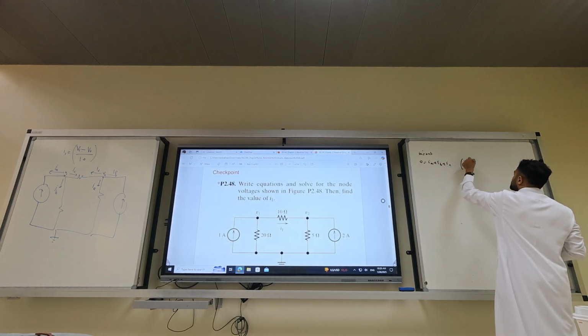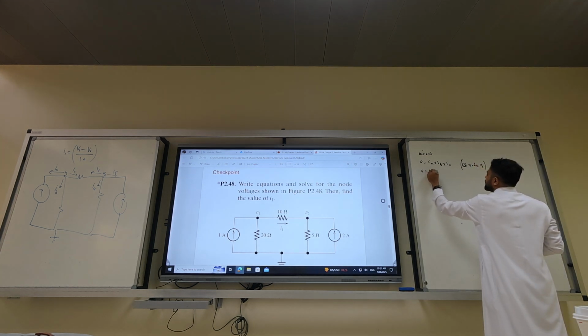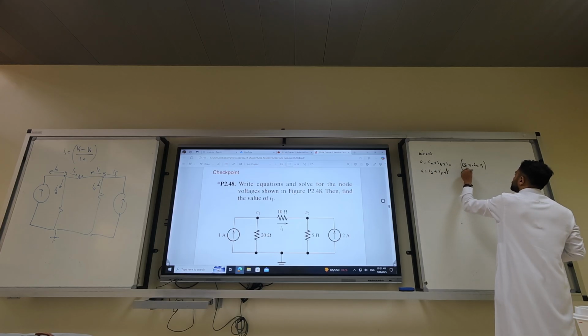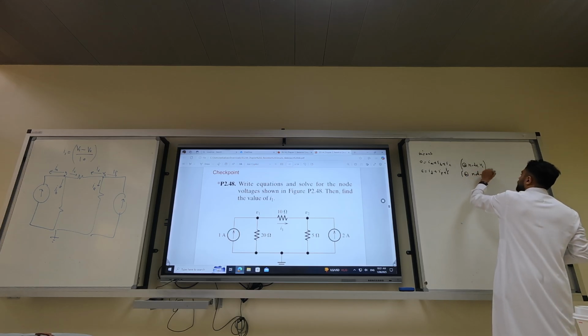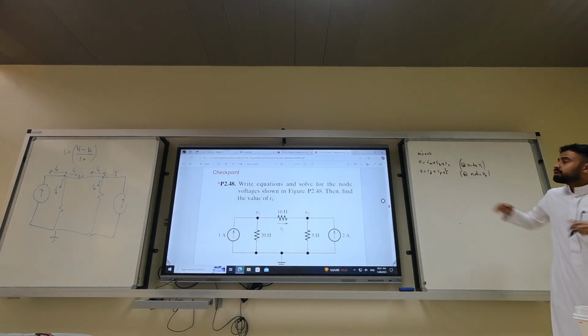This is at node V1. And 0 equals ID plus IE plus IF at node V2, right? Any question about until this step? This is a standard, okay?